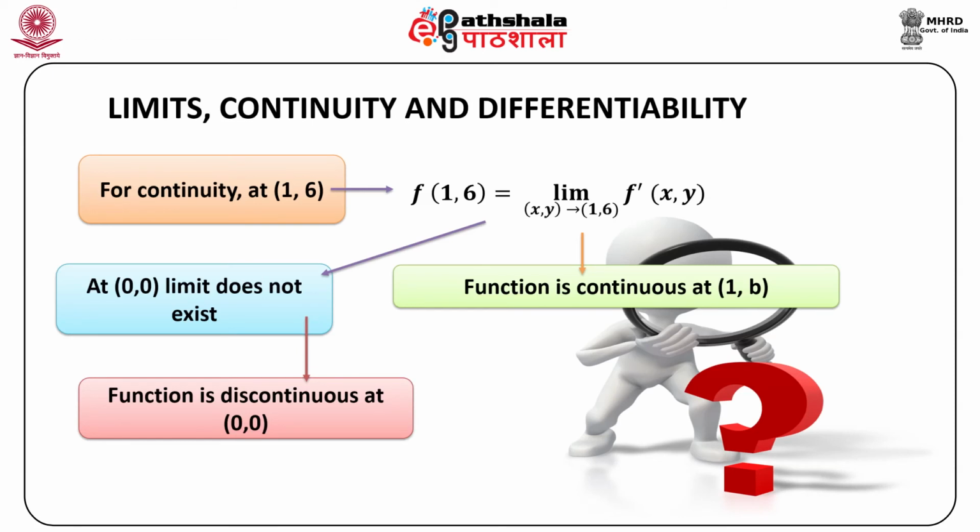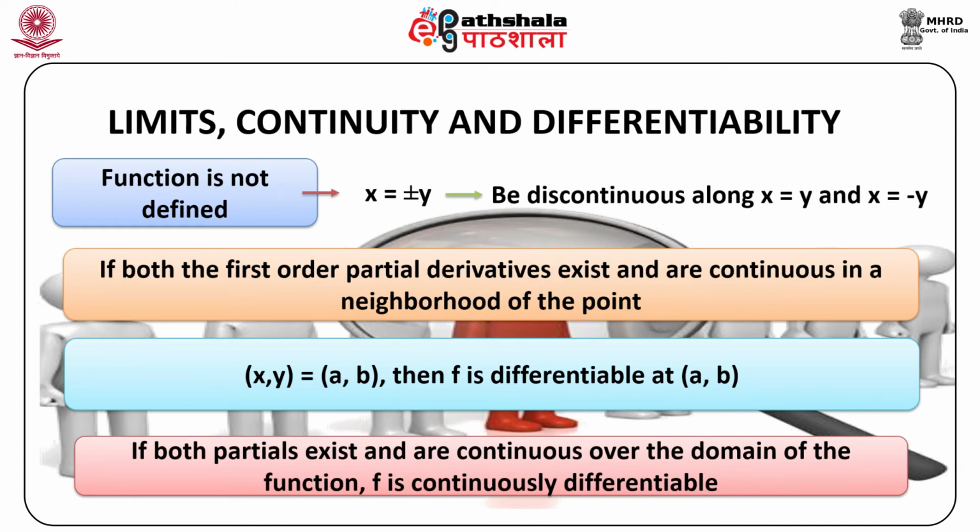For continuity at (1,b), note that the given function is continuous there. At (0,0), the limit of the function does not exist, so the function is discontinuous at (0,0). This discontinuity is irremovable. Note that the given function is not defined for x equal to plus or minus y. So it will be discontinuous along x equal to y and x equal to minus y.